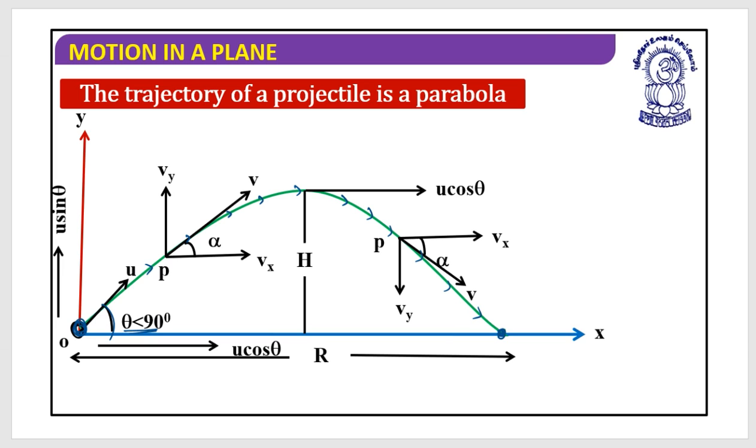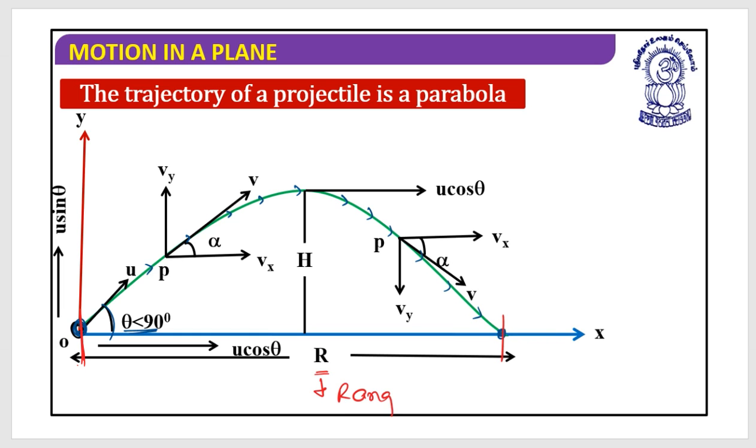Now I have marked certain very important terms. First thing, you must remember this. Whatever the maximum total horizontal distance that can be covered by an object, we call that the range.